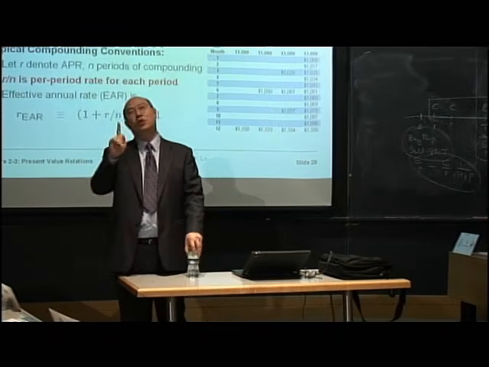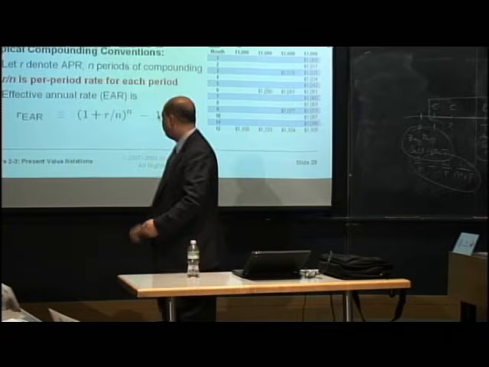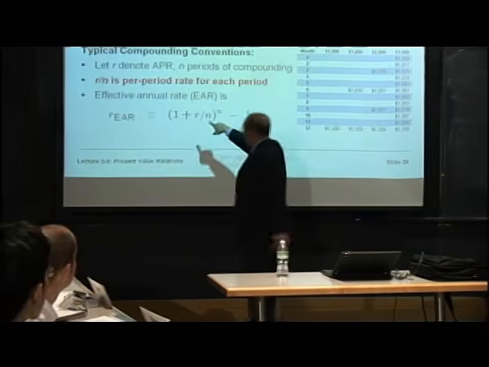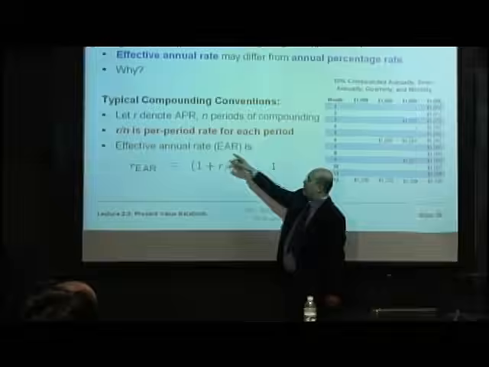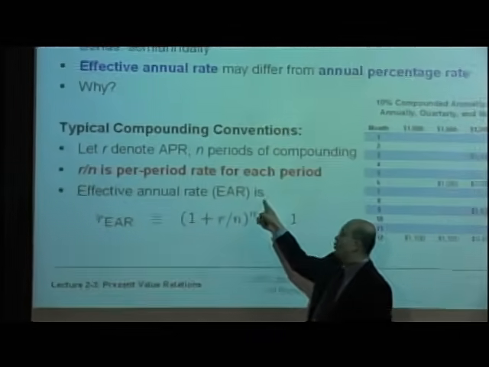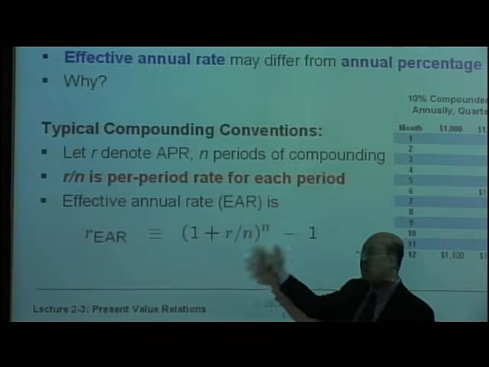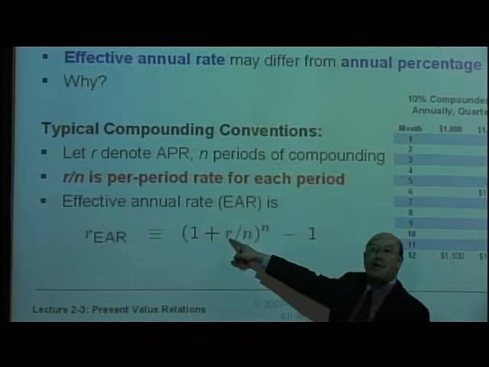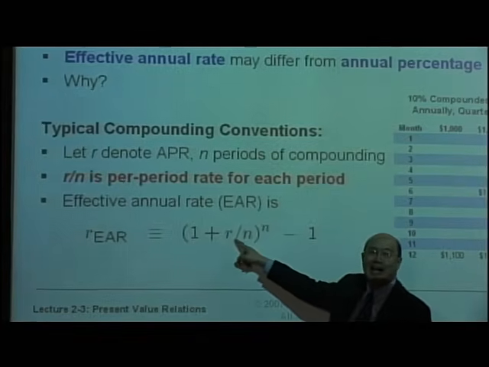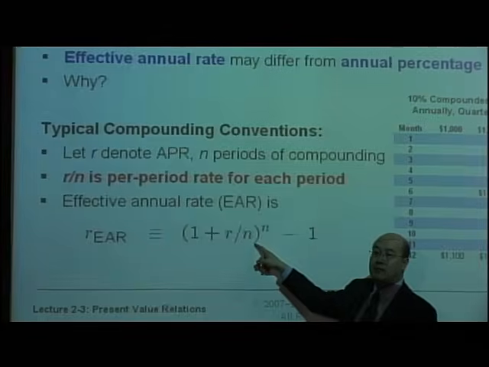So I'm going to leave you with a little puzzler, which is, if this tells you what the effective annual rate is where you're compounding at intervals of n, right? So if R is an APR, an annual percentage rate, and n is denominated in months, so monthly would be 12, right?